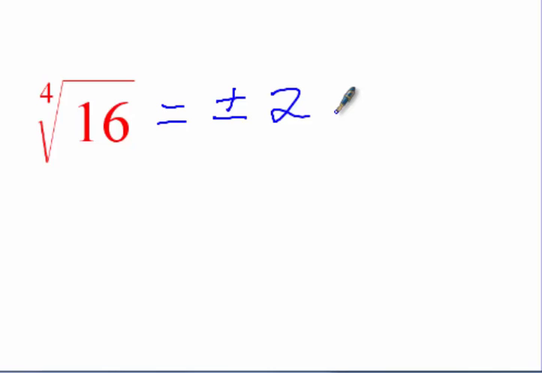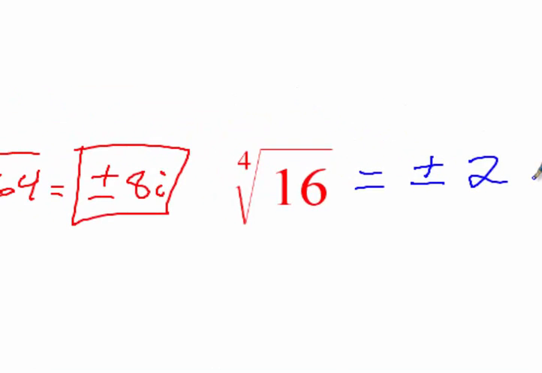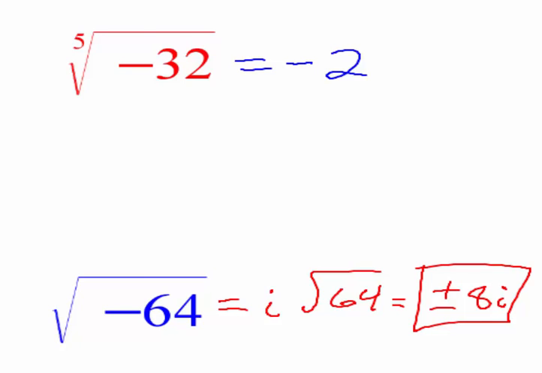Any major questions on those 4 problems? Yes, no, maybe? Yes, sir. Well, this is an even root, and we can't even root a negative, so I have to use the i. This is an odd root, and I can odd root negatives. Because what's negative 2 times negative 2? Basically, I'm taking negative 2 5 times, right? So what's a negative times a negative? This becomes a positive.